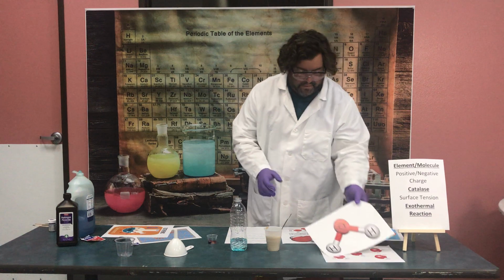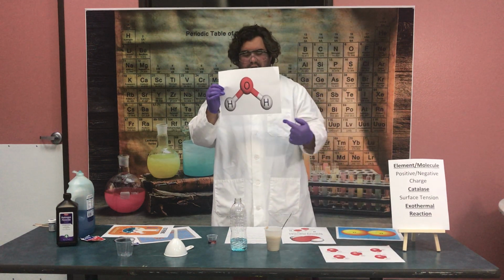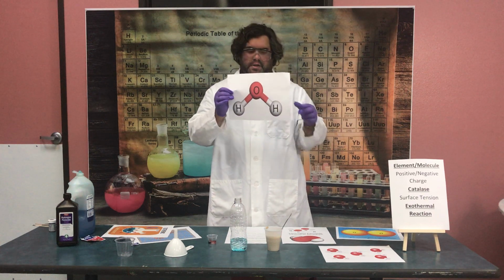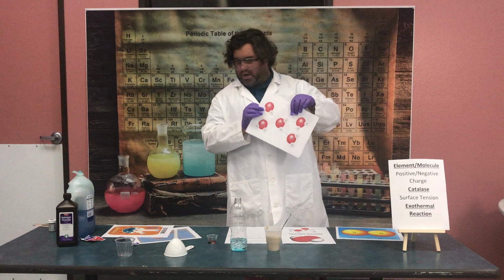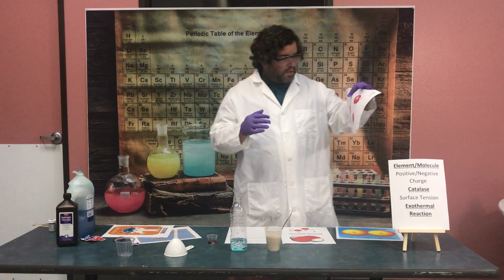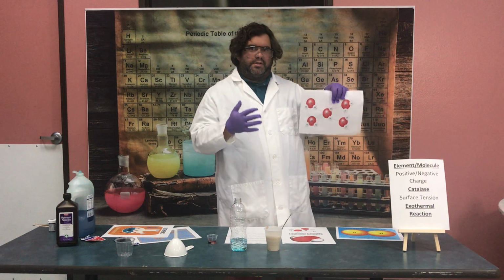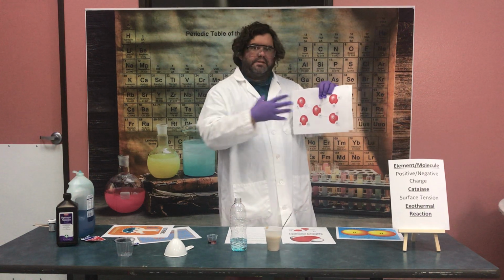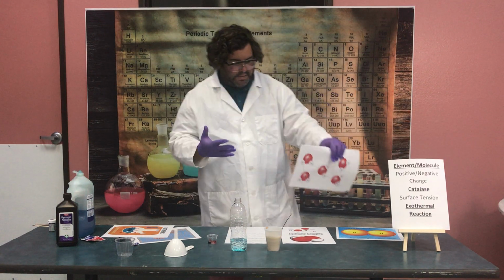So you have a water molecule where you have oxygen and 2 hydrogen, and they are attracted by positive and negative charges. You have a proton, which is a positive charge, and an electron, which is a negative charge. And those positive and negative charges are always looking for each other to try to bond together.